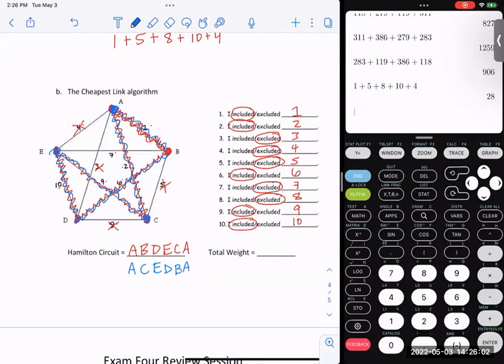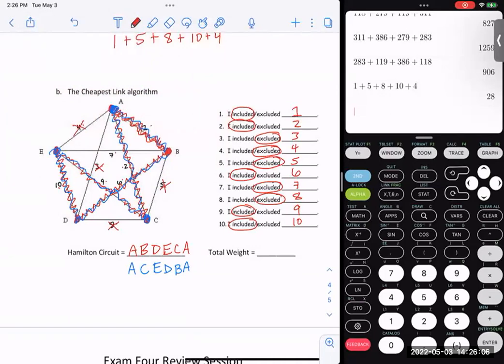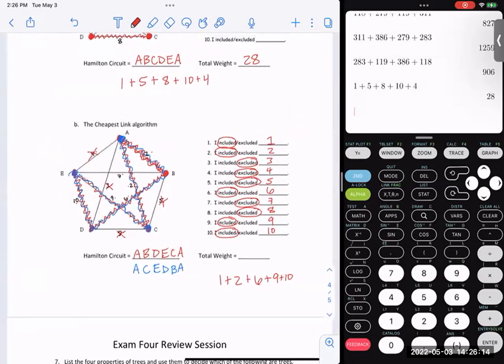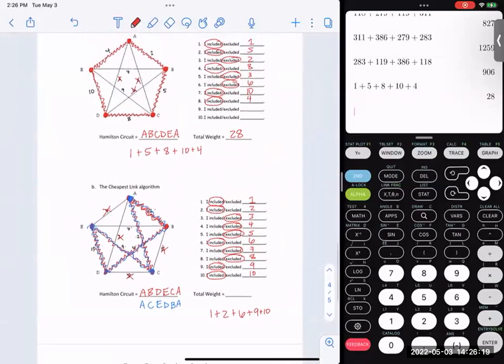And then again, to find our weight, we just add up which ones we included. So we included 1, 2, 6, 9, and 10. You'll notice that this is a different answer from the nearest neighbor algorithm. Sometimes you get the same answer. Sometimes it's different. Sometimes nearest neighbor is better. Sometimes cheapest link is better.